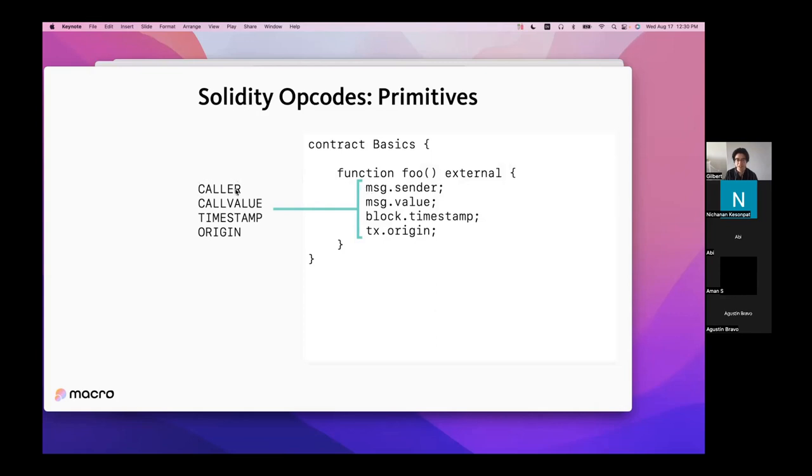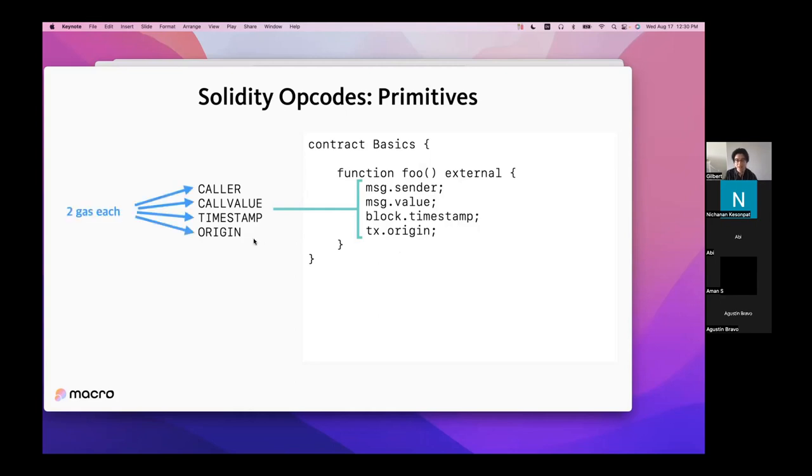Message.sender gets compiled down to the caller opcode. Message.value gets compiled down to the callvalue opcode, and so on. There's more, but these are probably the most common ones. So even though you're writing out a bunch of characters, you're actually only adding 1 byte to the final bytecode size of your contract.